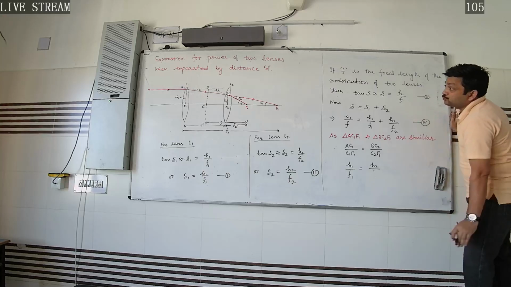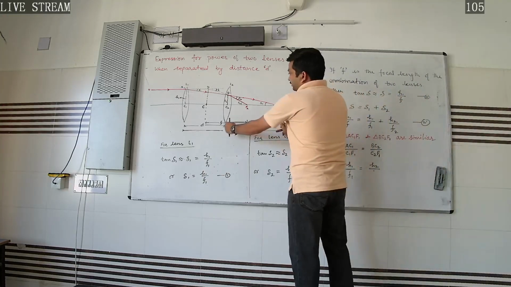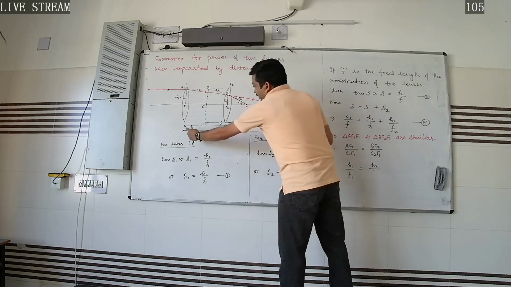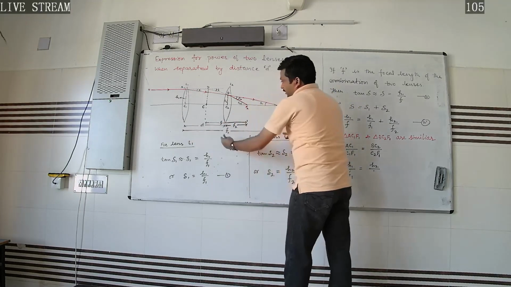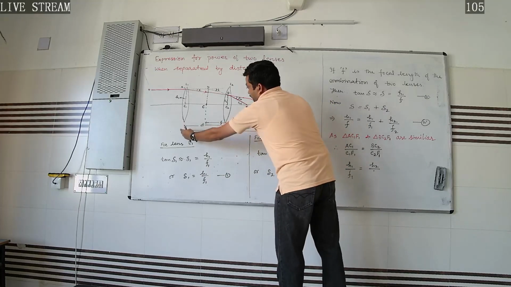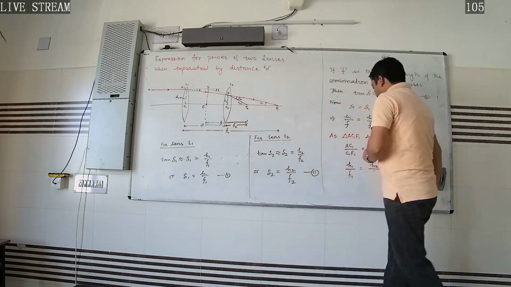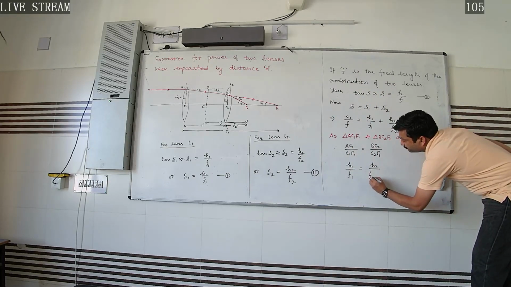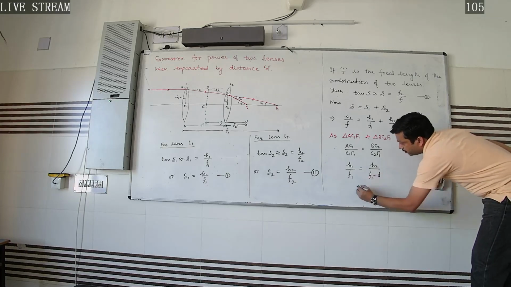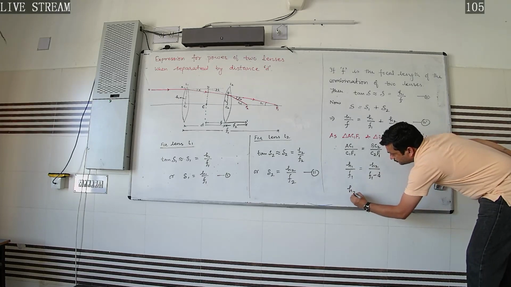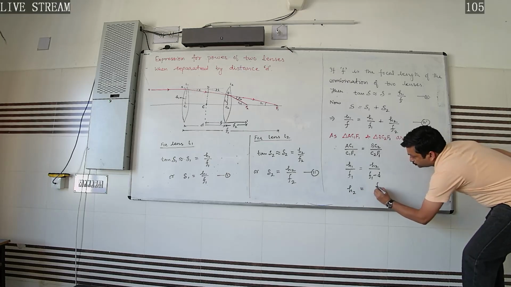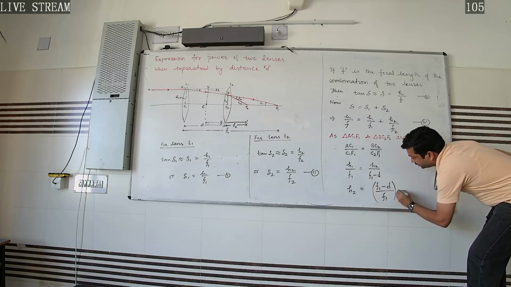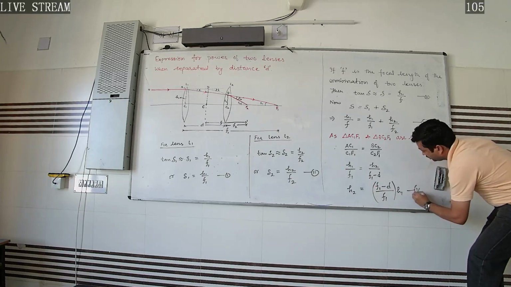What about C2F1? I require this distance C2F1. So C2F1 will be equal to F1 minus D. If I subtract this distance from this distance, then we get C2F1. So here we will put C2F1 equal to F1 minus D, and we get the value here, which implies H2 is equal to F1 minus D over F1 into H1. Let this be equation number 5.